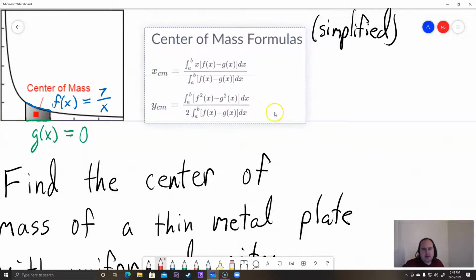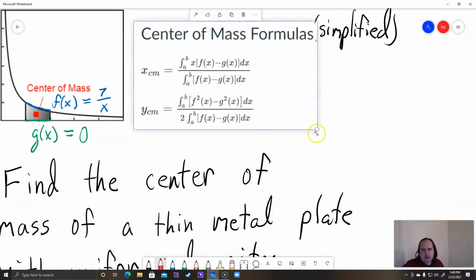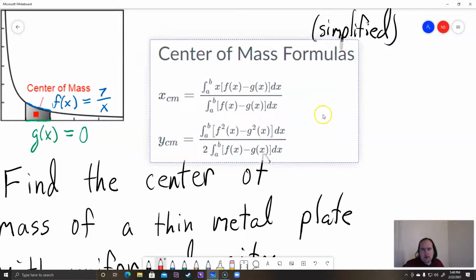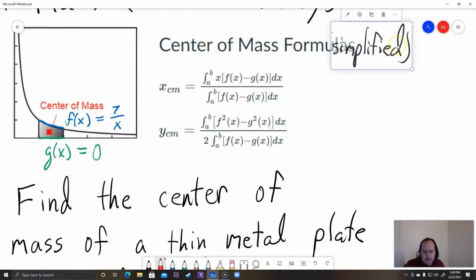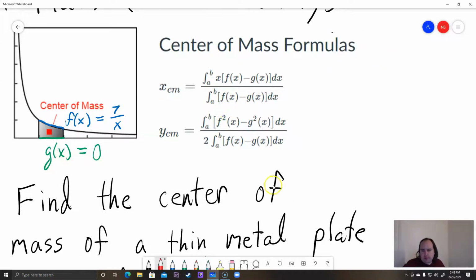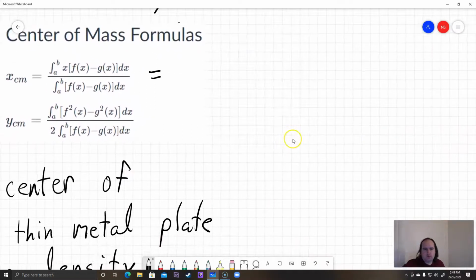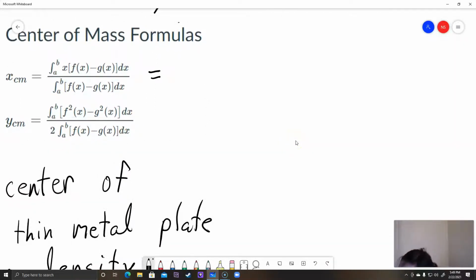Okay, so looking at these center of mass formulas, which have been simplified, we can just plug everything in. So for our x center of mass, in the numerator we have the integral from 2 to 4 of x times f of x minus g of x.